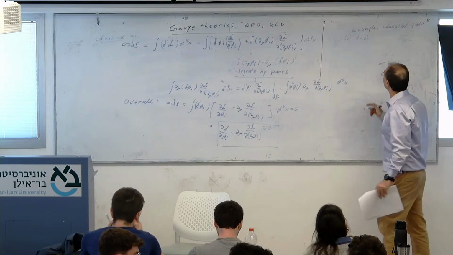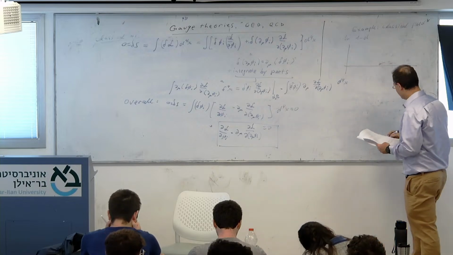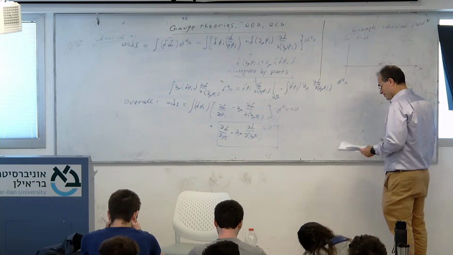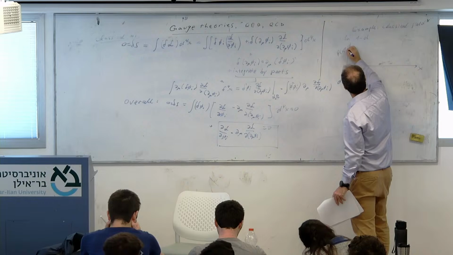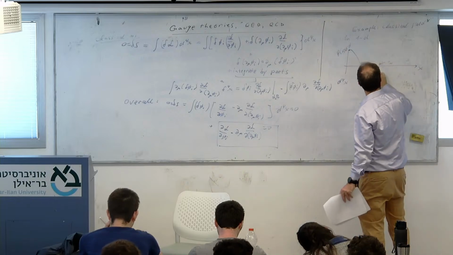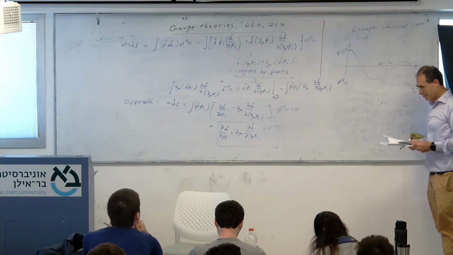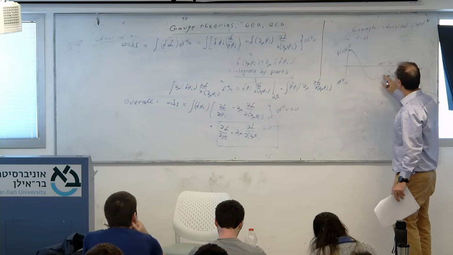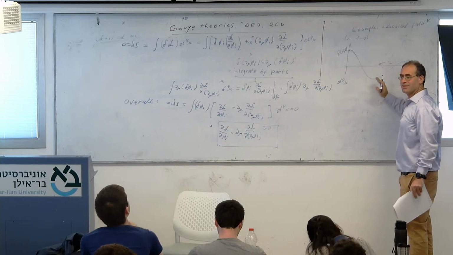It's just an illustration. So let's say we have a string. For our purpose, the field is going to be a function of x and t, and we have some string that looks like that. The string has a mass per unit length.